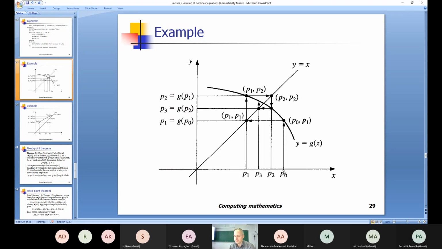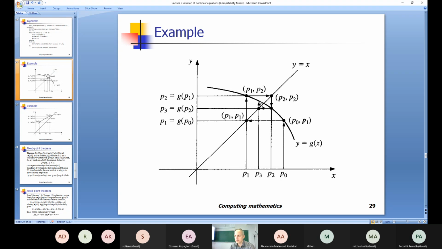We select P0 as the initial value. We compute the value g of x, and after that we take this value as the argument and compute the next value, the next, and so on.